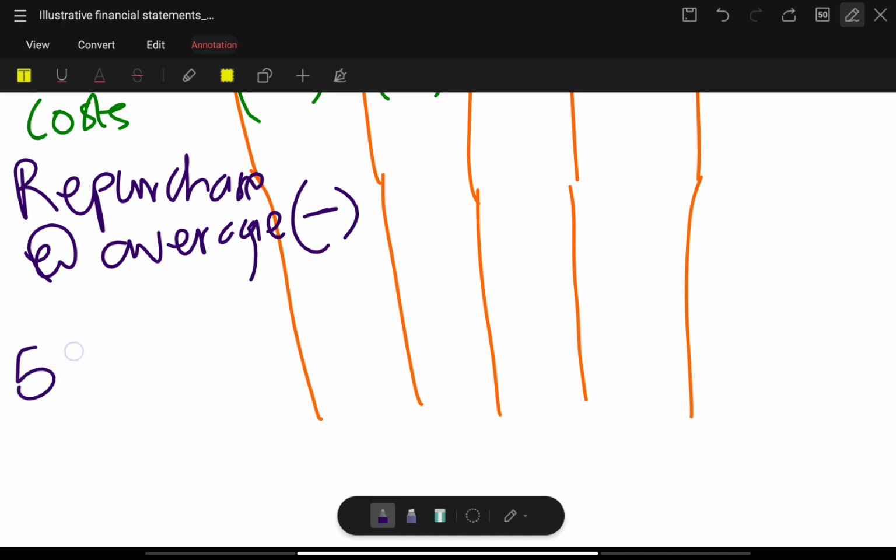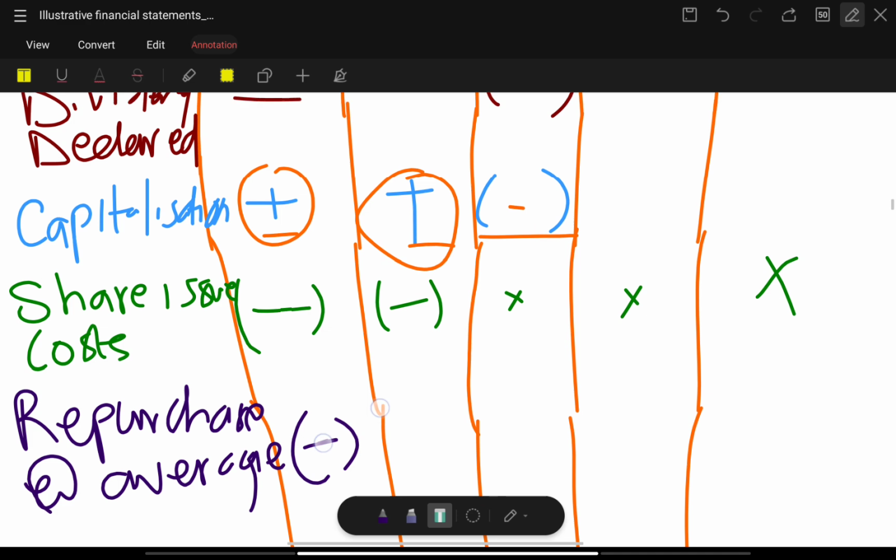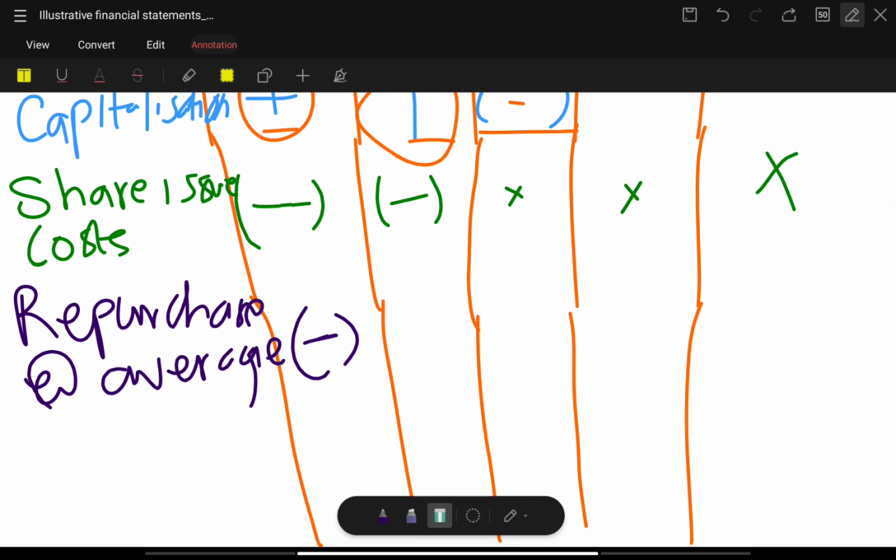So let's say we repurchase 50,000 shares. You will say 50,000 shares times the average share price. The average share price is multiplied by the number of shares that are repurchased, and you subtract it there. So it's a reduction to your share capital because you are purchasing them back. You are unissuing them.